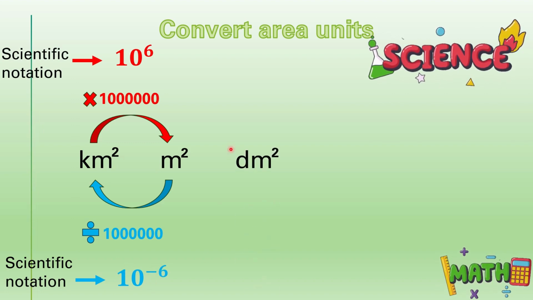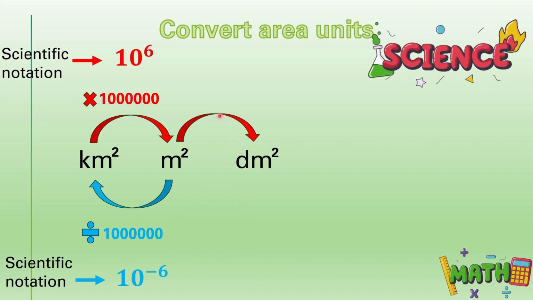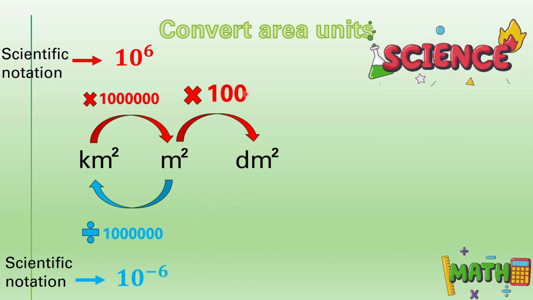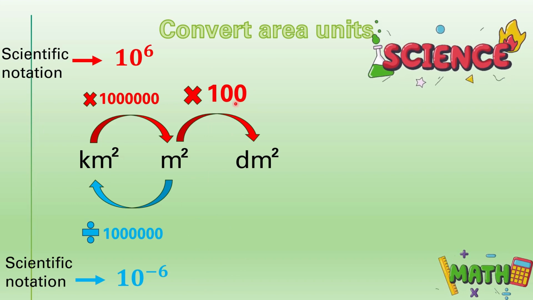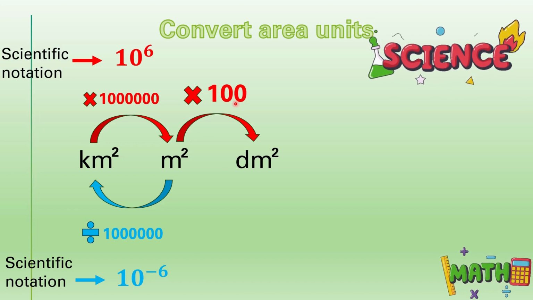Then if you are going from meter squared to decimeter squared, which means again from biggest to smallest, you are doing multiplication. With how much? With 100. If you notice, again it is doubled or squared, because with the length unit, between meter and decimeter you have times 10. Here, when you have squared, it is times 100.